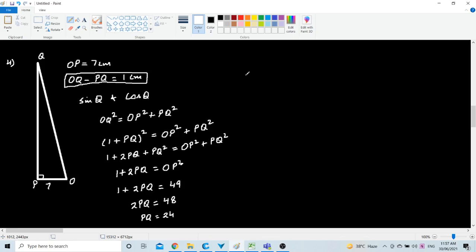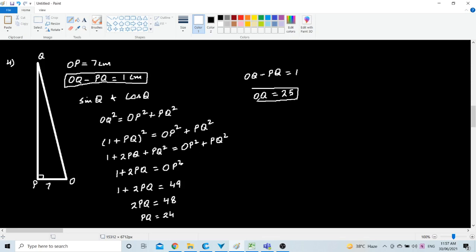So in that case, this OQ is 1 plus 24, that is 25. Now we have values PQ equal to 24, OQ equal to 25, and OP equal to 7.